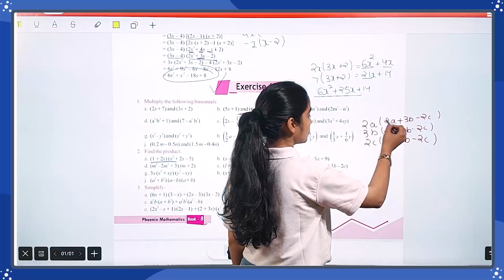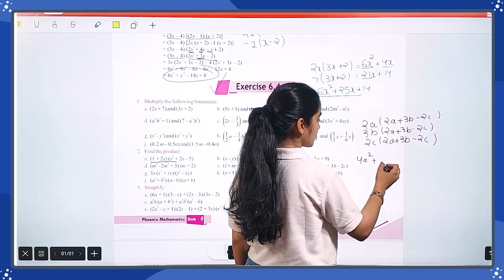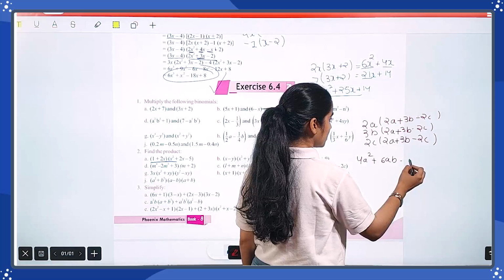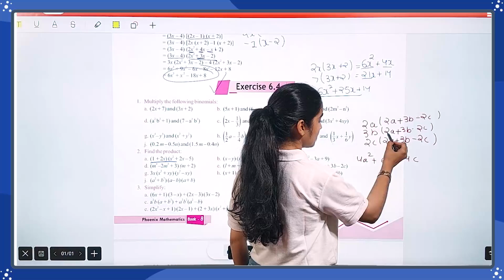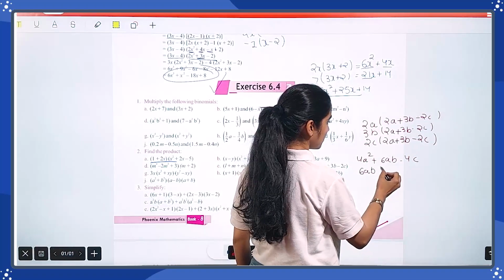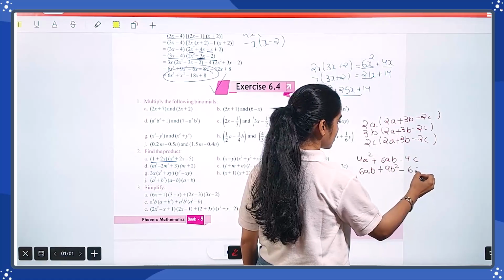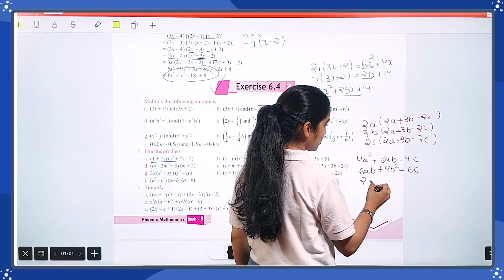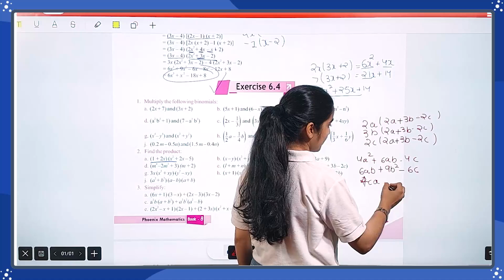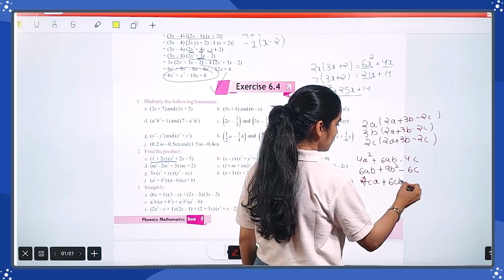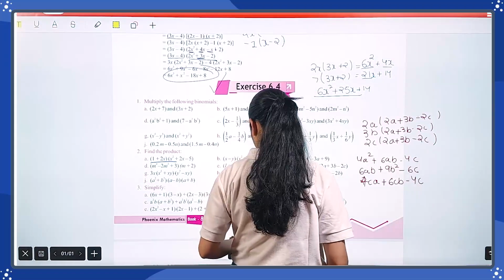Now you have to solve. 2 twos are 4, a square, 2 times 2 is 4, ab, minus 2, 4, ac. Next we have 3 multiplied by 2, 6ab, 3 multiplied by 3, 9b square, minus 3 times 2 is 6bc. Then 2c times 2a, here 4 will come, 4ca, plus 2 times 3 is 6cb, minus 2 times 2 is 4c square. Now what we have to do, we have to add these numbers.